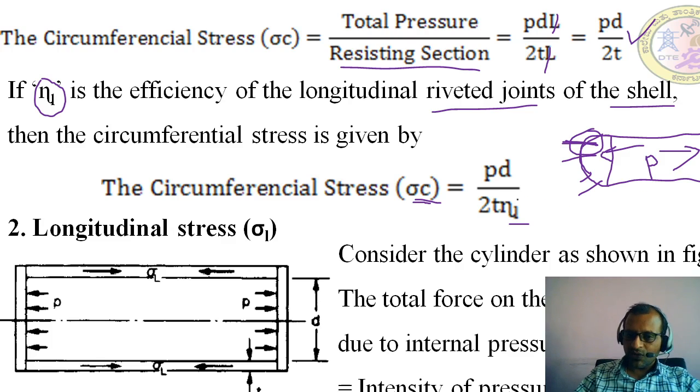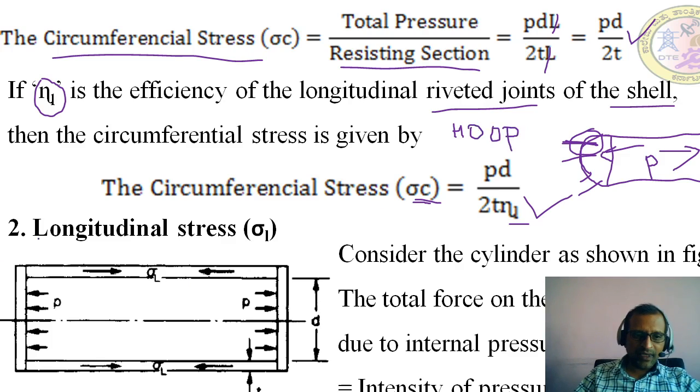Because of that you have to consider the longitudinal efficiency. So this is called the circumferential stress, and this circumferential stress is also called hoop stress. Remember, this is also called hoop stress. So the circumferential stress or hoop stress, both are the same.